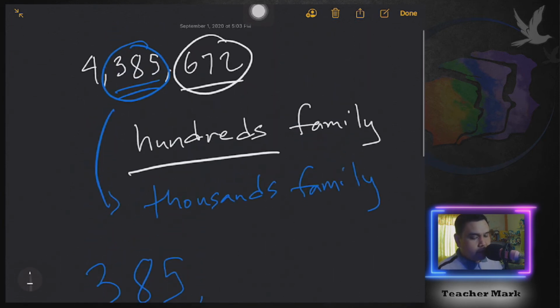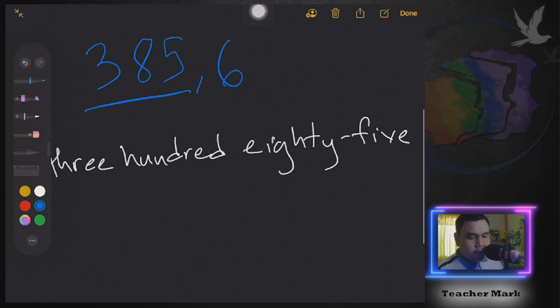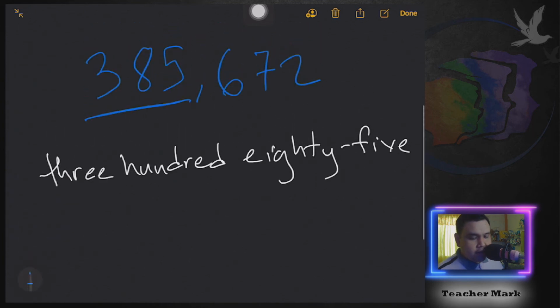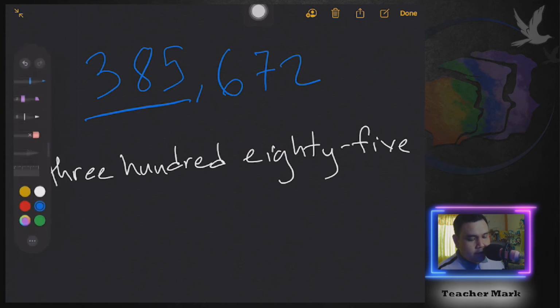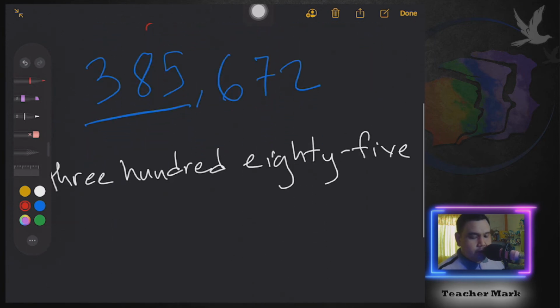So let's put the number back earlier, 672. And since 385 belongs to the thousands family, you should read it as 1,000 as well. So for example, 385 what? It should be 385,000.